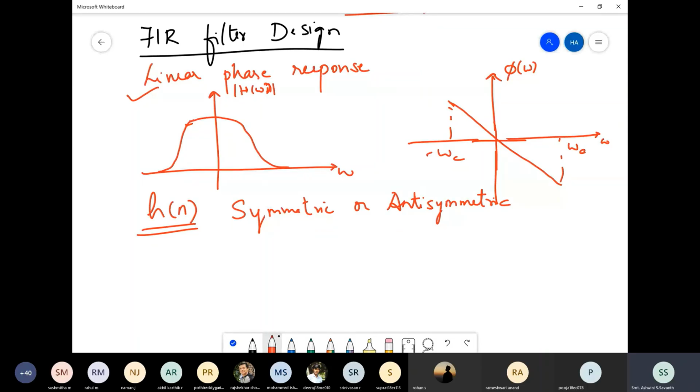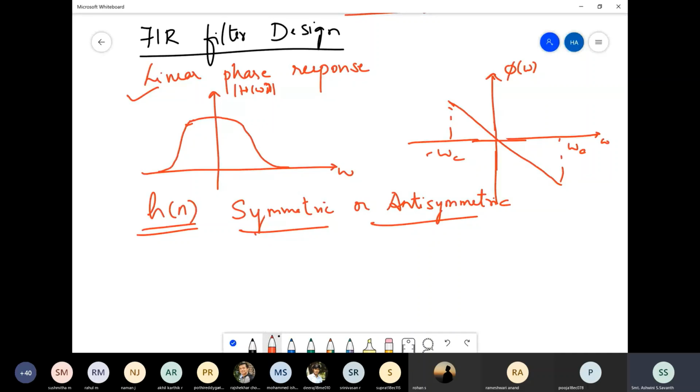Suppose it is not symmetric, then we don't get a linear phase response for a filter. So the impulse response of an FIR filter will be symmetric or anti-symmetric in nature. You know what is symmetric and anti-symmetric. The even signal is nothing but symmetric. Anti-symmetry is the odd signal. All signals need not be symmetric or anti-symmetric, right?